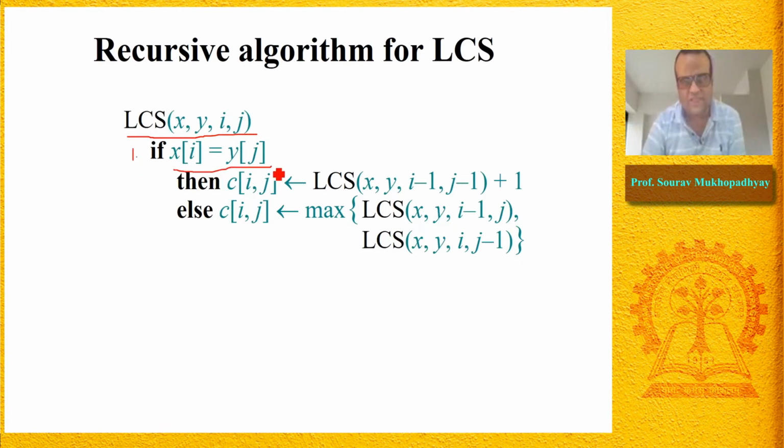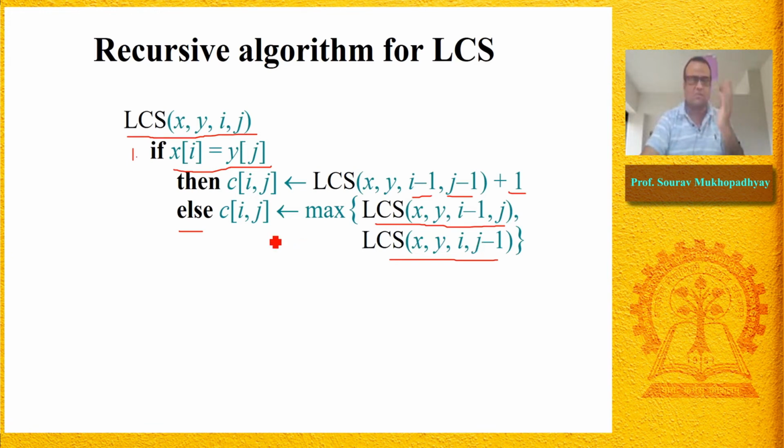If x i equals y j, then the formula is telling us it is C i minus 1, j minus 1 plus 1. Else, if this is not true, then we have to calculate two recursive calls. We have to calculate C i minus 1 comma j and C i comma j minus 1. And among these two, whichever is the maximum, that is our C i j.